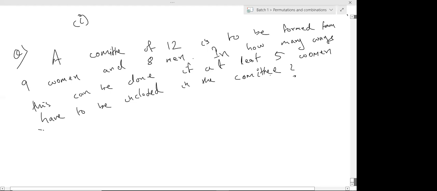A committee of 12 is to be formed from 9 women and 8 men. In how many ways this can be done if at least 5 women have to be included in the committee? Try to solve this.